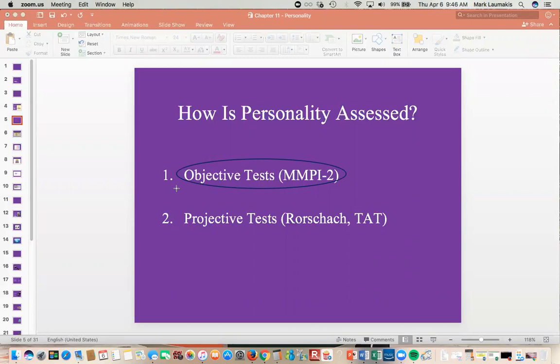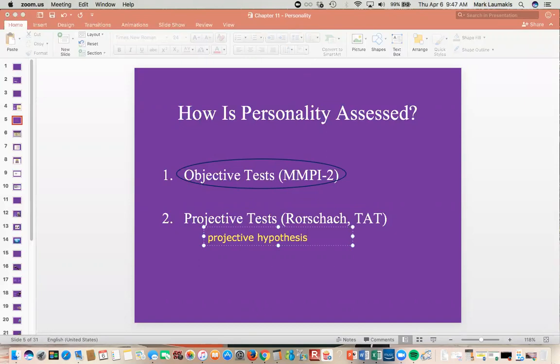Okay, let's contrast these objective tests with the alternatives, these projective tests. So the projective tests are predicated on something known as the projective hypothesis.